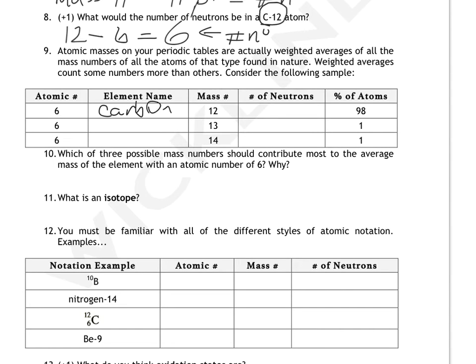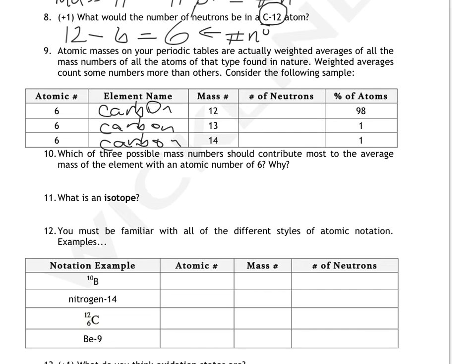Firstly, every one of these particular isotopes is carbon. And I know that for sure because all carbon atoms have the same atomic number, which is 6, and that's true for every element. Now, they do have different mass numbers, which also means they have different numbers of neutrons. You can do a quick calculation for neutrons, just like we did in the previous note, and it's going to be the mass number minus the atomic number.